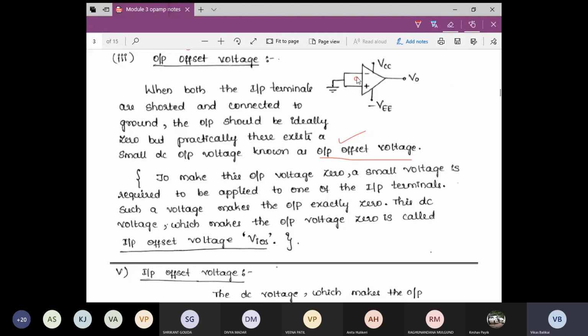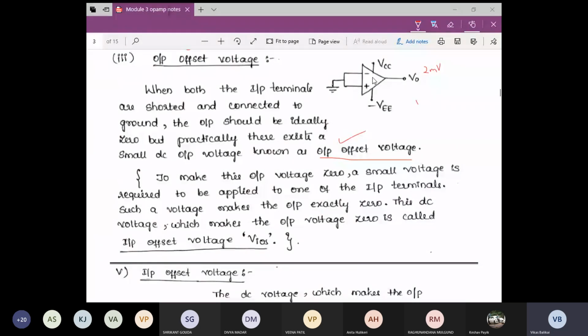So let me give you some picture. See, here let's say I am getting a value of 2 millivolt. In spite of connecting the input terminals to ground, I am still getting 2 millivolt. Because this is a positive voltage, some sort of voltage is present here.